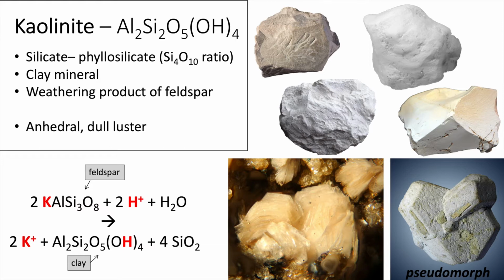And then what we have in the lower right-hand corner here is what we call a pseudomorph. So pseudo meaning fake or false, morph meaning shape, so we have false shape. So this is a false-shaped kaolinite. It sure looks very euhedral, but we've seen that if kaolinite forms euhedral crystals, it's going to look more like these layered structures to the left here.